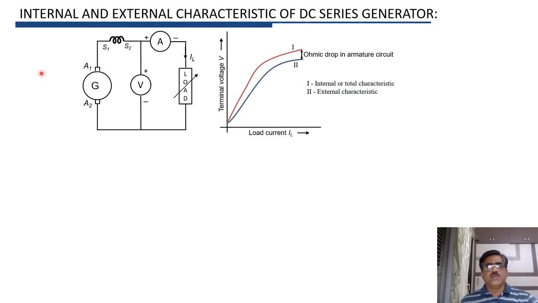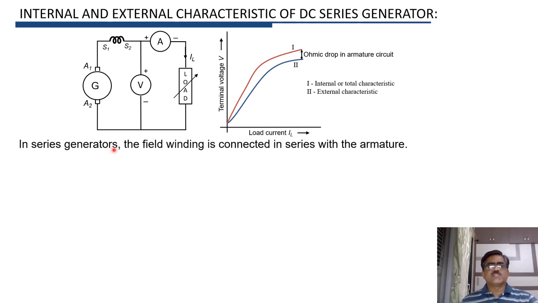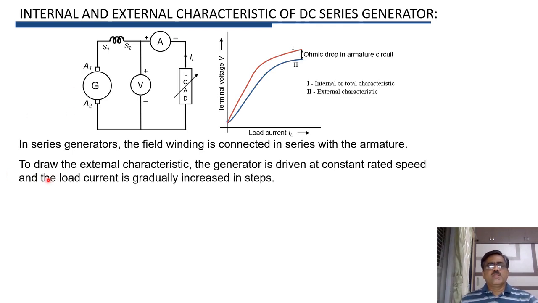We will now see the internal and external characteristic of DC series generator. In case of series generator, the field winding S1, S2 is connected in series with armature A1, A2. Again, to plot the external characteristic, we have to drive the generator at constant speed, which is equal to the rated speed of machine.